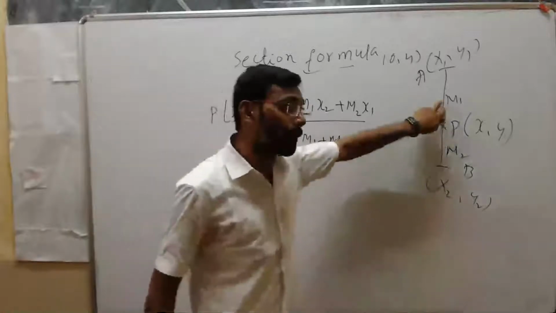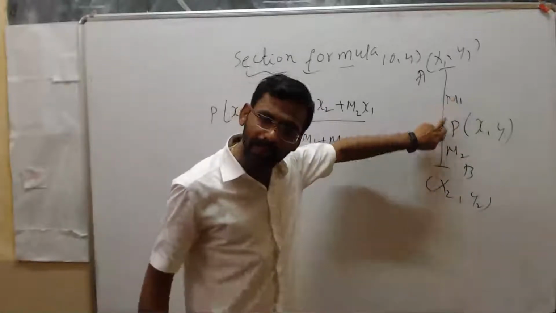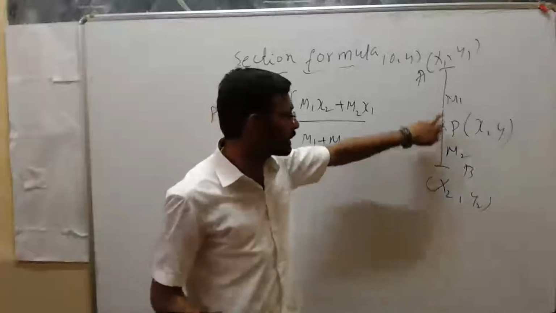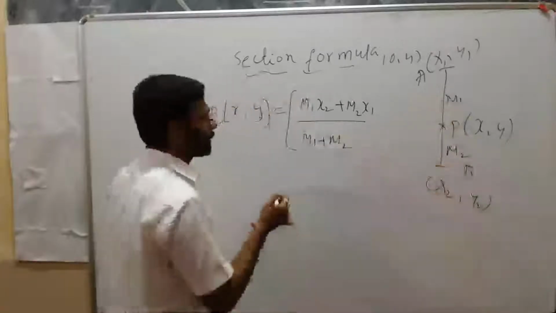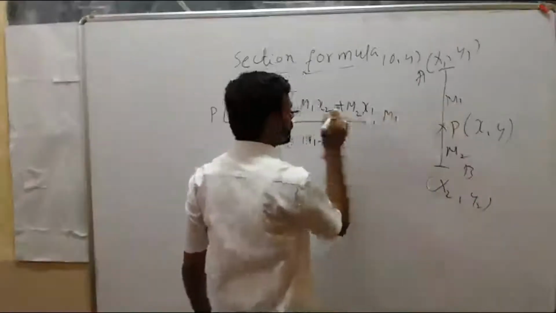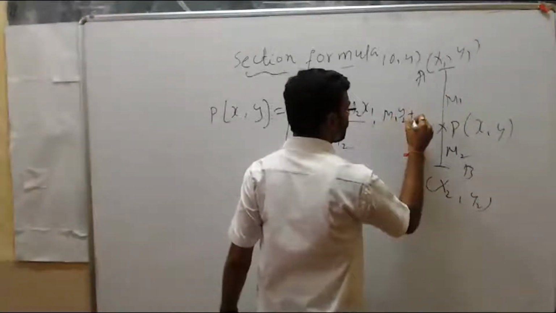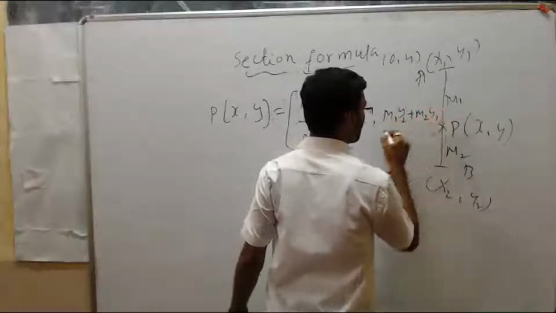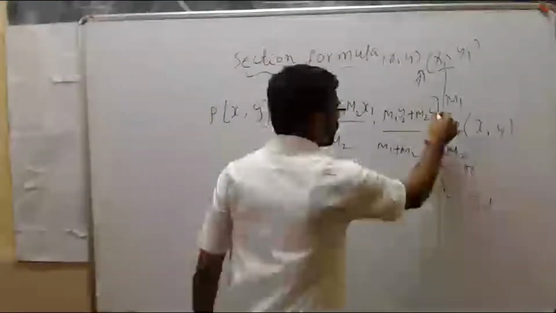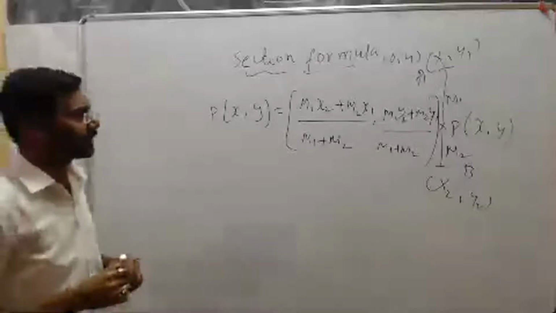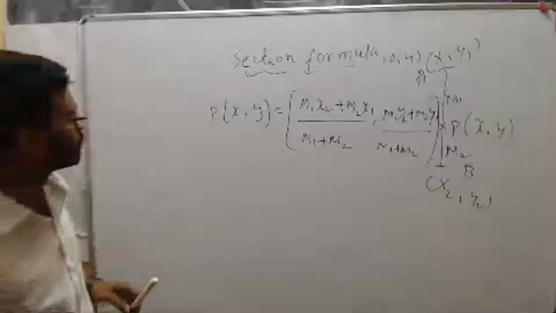M1 means the first part. In some textbooks it is M1 M2, in others M and N; both are the same. Now the second one: y equals M1 y2 plus M2 y1 divided by M1 plus M2.